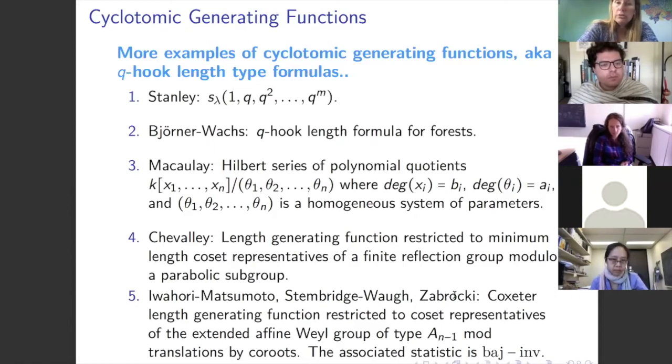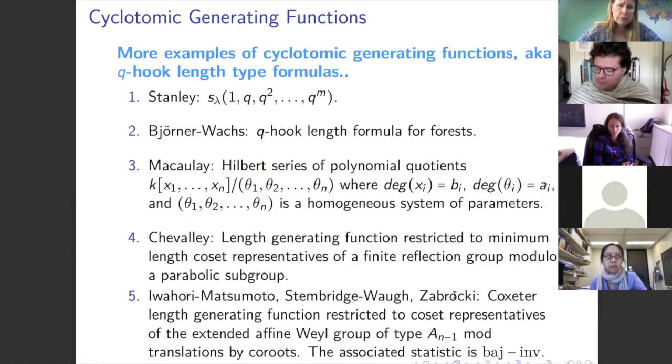We know, due to the theorem of Macaulay, that Hilbert series of polynomial quotients can have this rational product form as long as you have a homogeneous system of parameters. And when you're looking at root systems and Weyl groups, Chevalley's formula points out that there's a length generating function restricted to minimal parabolic cosets, and it often has this rational product form too.